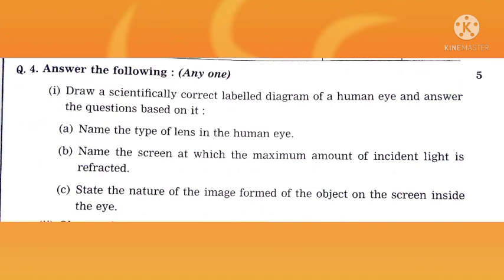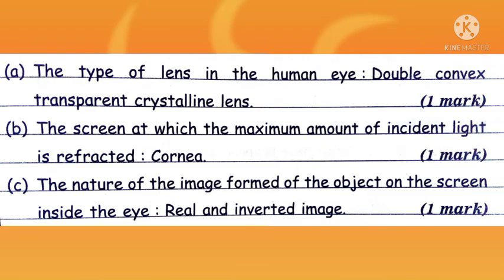Question A. Name the type of lens in the human eye. The type of lens in the human eye: double convex, transparent, crystalline lens.